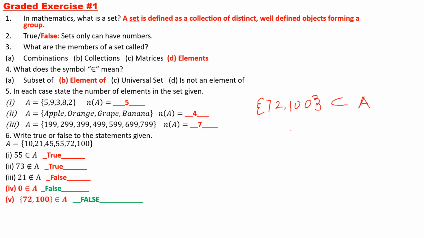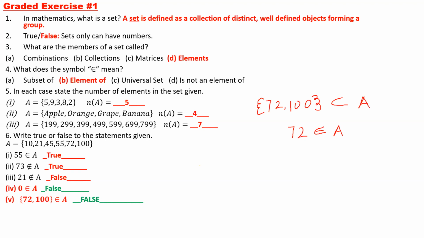All right. Now it is true that 72 is an element of A. That's true. Okay, when you say subset, you mean like 72 and 100 is a part of A. No, when I say subset, I mean like a woman and child. So a baby is within the mother. So when I say subset, I mean that set is within the next set.